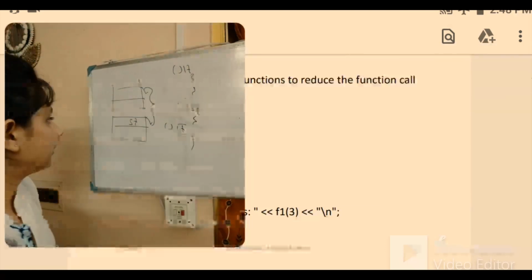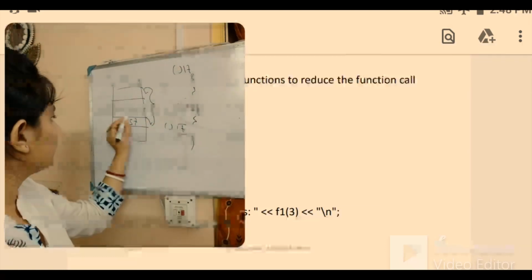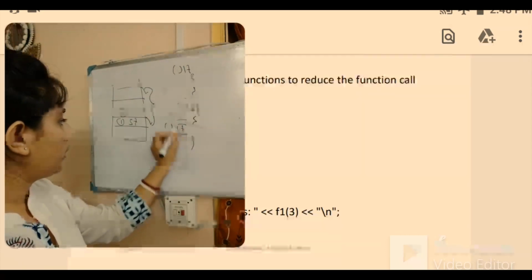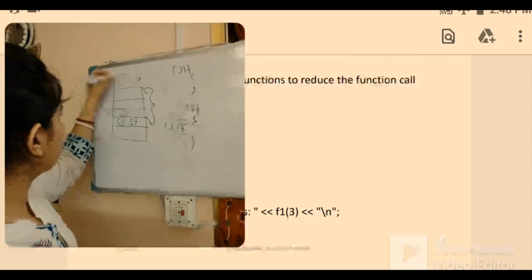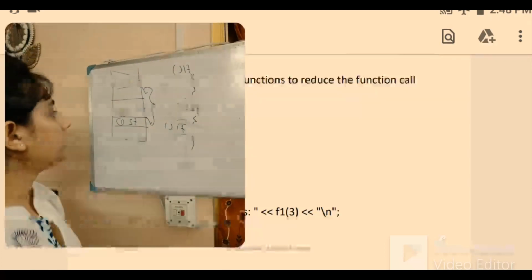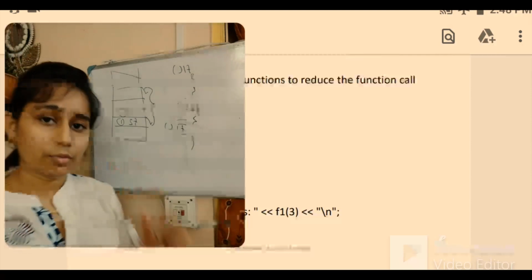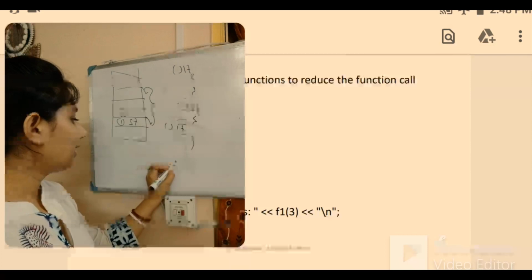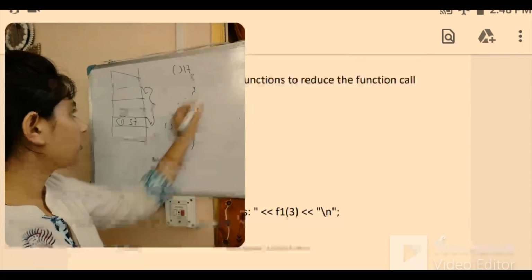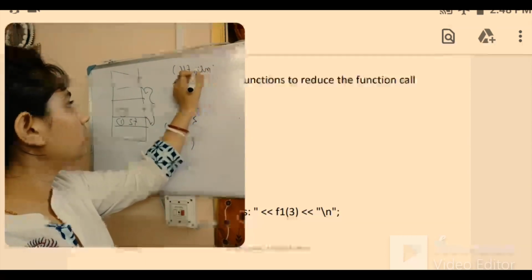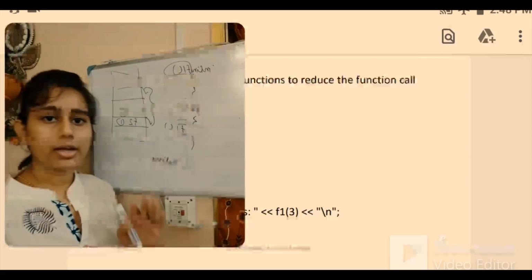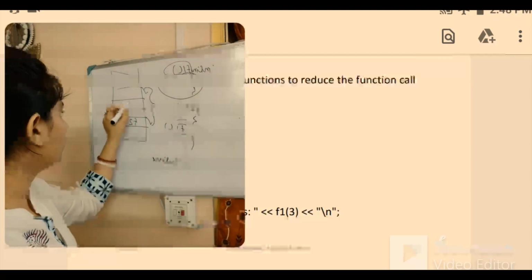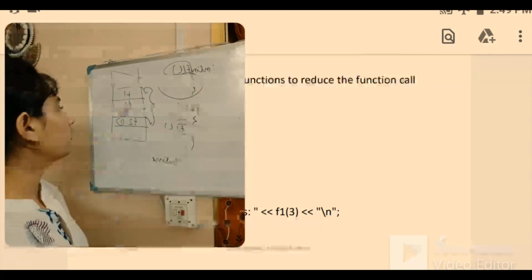After two lines, say line 1 and 2, f1 will be called, and then the rest of the f2 function will be executed. If you want to avoid the overhead which I have told you, we can use inline. So if you make f1 inline, the code of f1 will be copied here.